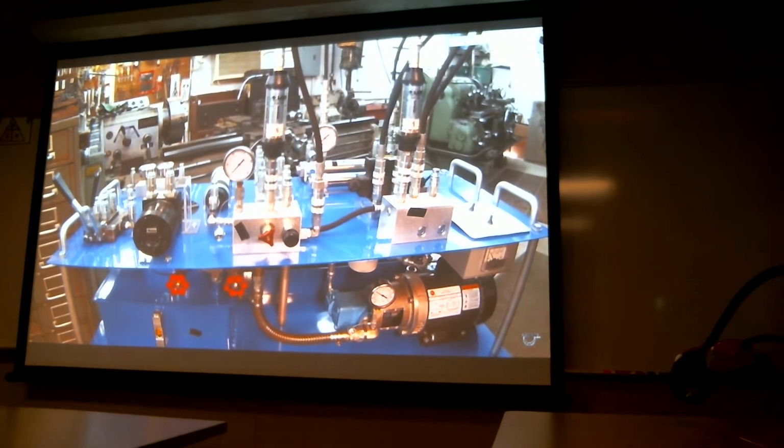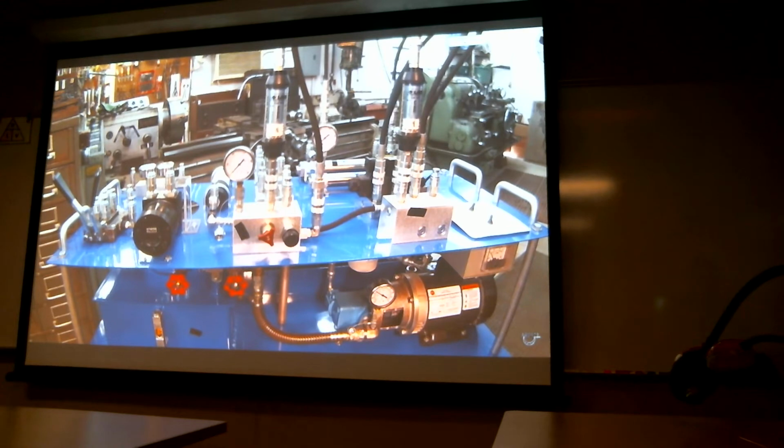Okay? And as that filter media gets clogged up, that spring pushes open and your fluid starts going straight through your filter and nothing gets filtered. So it's very important to make sure you have a bypass indicator on your filter, which I have on there, but it's very difficult to see because it's way up under there. Okay?